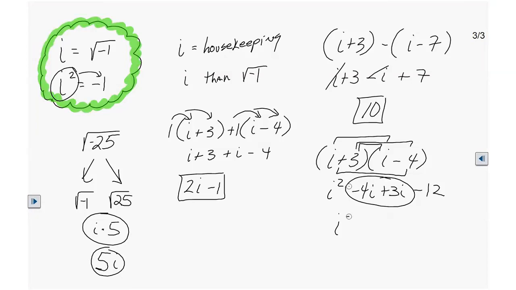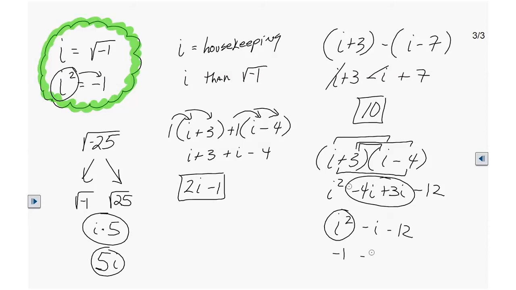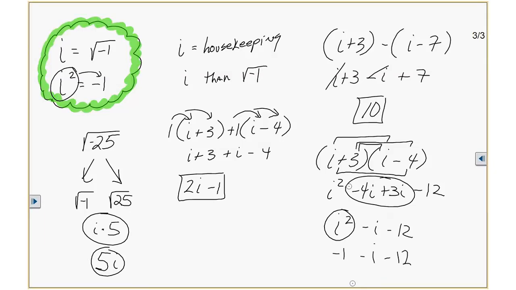Combine them. Plus i minus 12. And what's i squared? Minus 1. Okay, what's i squared? -1 minus i minus 12. And what's minus 12 minus 1? -13 minus i. So see, that i squared changes the whole problem. And that's what gets students on a test, is that last step. The last 2 or 3 steps.